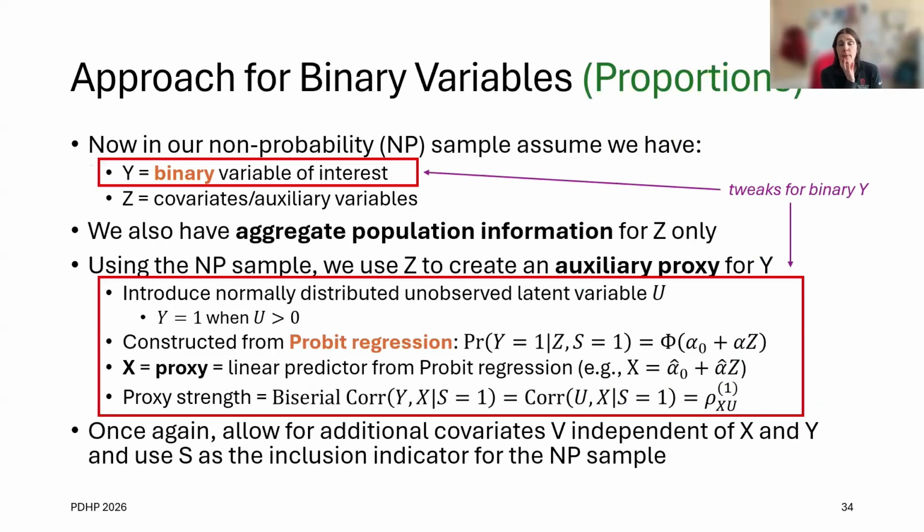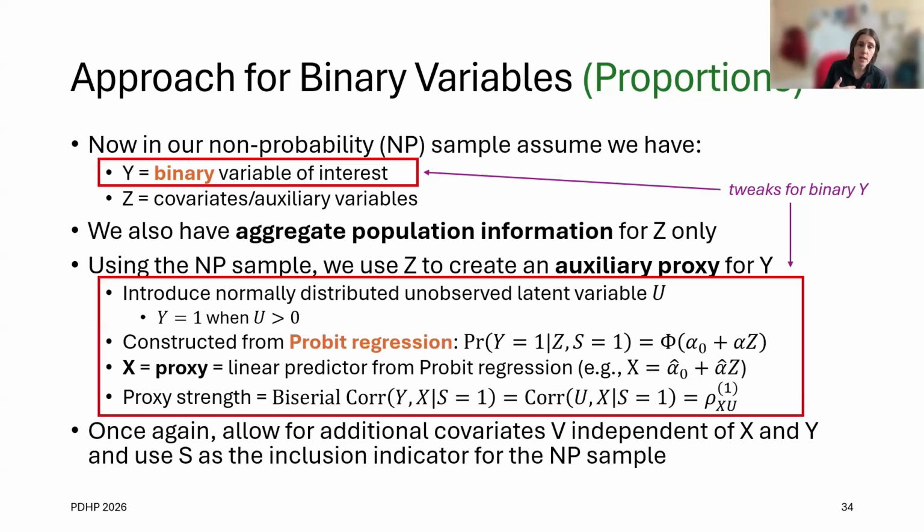So now we have a non-probability sample with our binary variable of interest. We still have the Z covariates. We still have the aggregate population information for Z, so nothing there has changed. What changes is how we make the proxy, in the sense of what regression model we use to make the proxy. So instead of a linear regression of Y on Z, we're using probit regression.